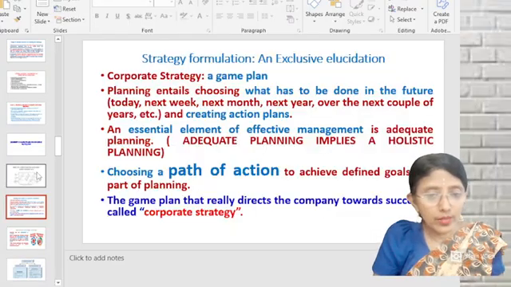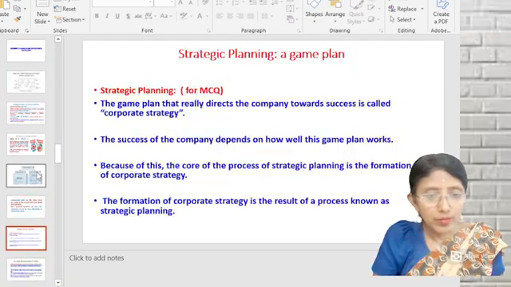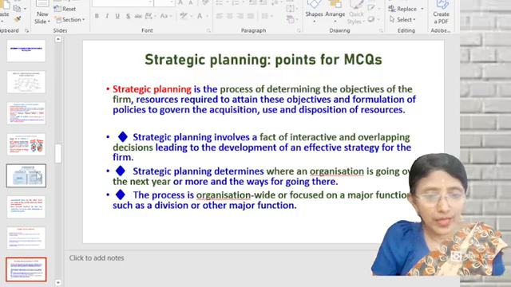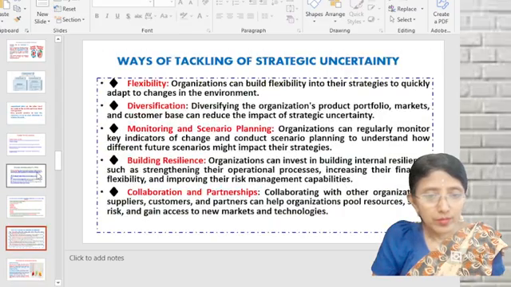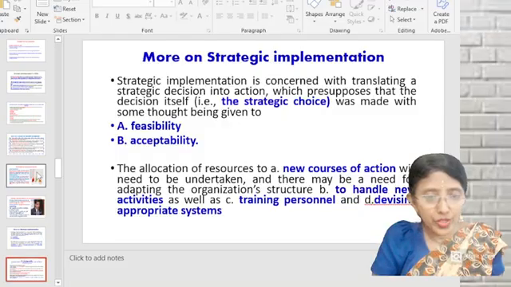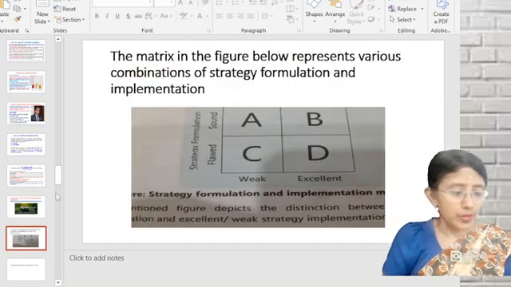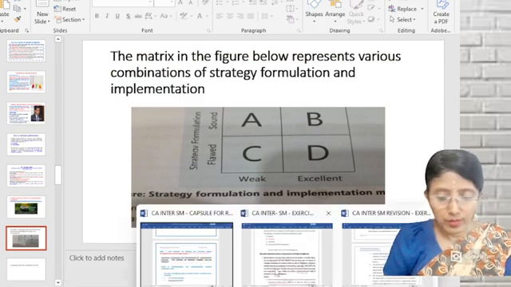Each stage, so look at this. Strategy formulation, strategy planning, strategic uncertainty, implementation. Now come here.